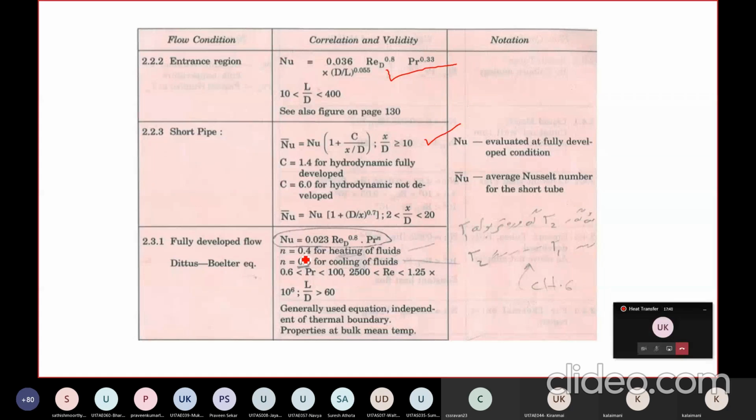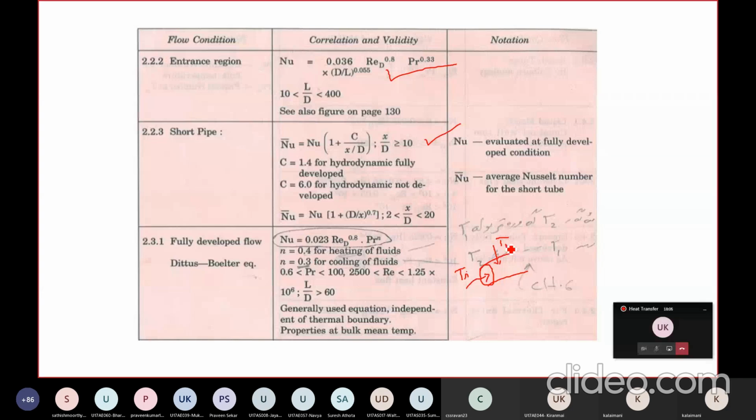So what is meant by n equal to 0.4 and n equal to 0.3? Suppose we consider a duct or pipe through which water is flowing. The inlet temperature is Ti, and the wall is maintained at a constant wall temperature Tw.